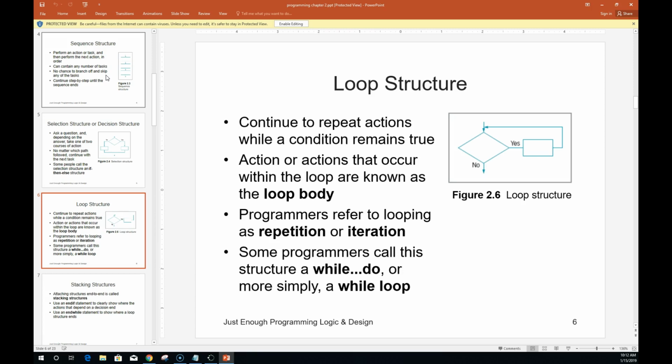And so every second, it says, is the temperature in here 71 degrees or greater? It asks that question, and then if it doesn't get the right answer, it says, I'm going to turn on the heat. And it loops back over until the temperature is at 71 or whatever degrees we have set up.